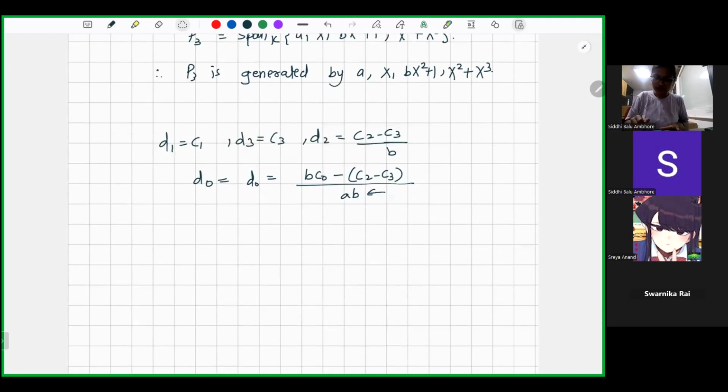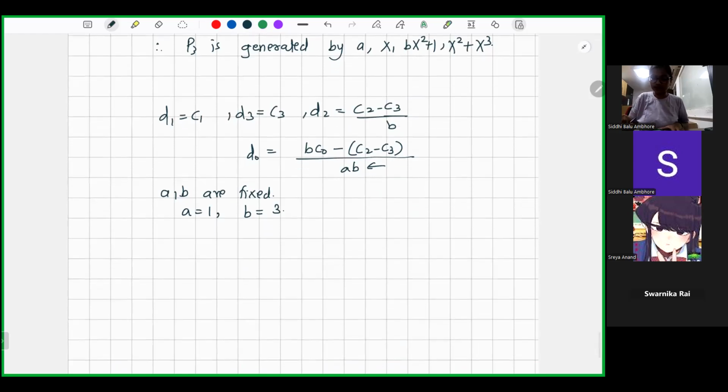Okay, so let me take any polynomial. They say that A and B are fixed, so give me A and B. Let me take A to be 1 and B to be 3, I don't care what it is.